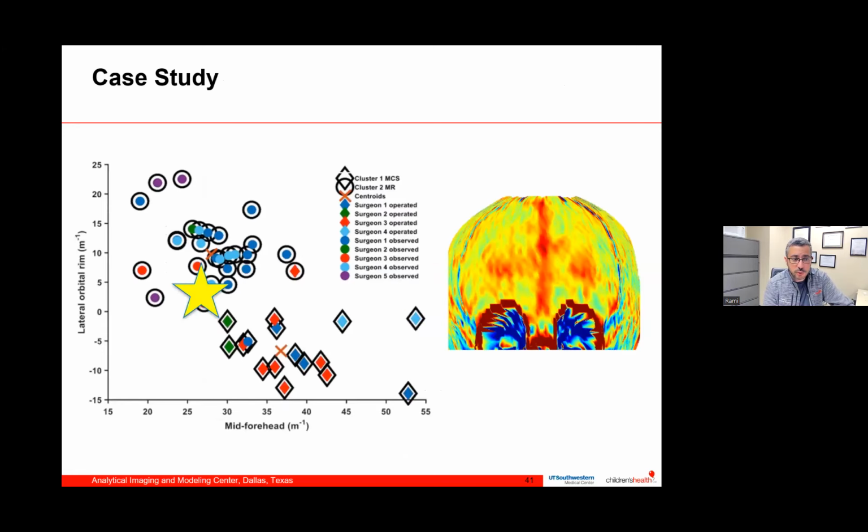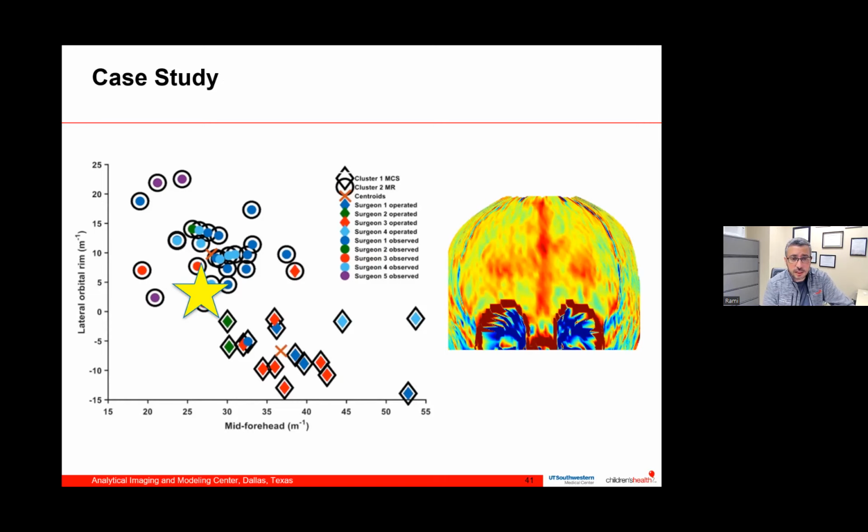And this actual case happened. We had a case, this is a case study, where a kid came to our clinic and the surgeon was not sure if this patient falls between metopic craniosynostosis or metopic ridge. He asked me to run this case, and this is a 3D photograph, this is from a CT scan, using our machine learning model.